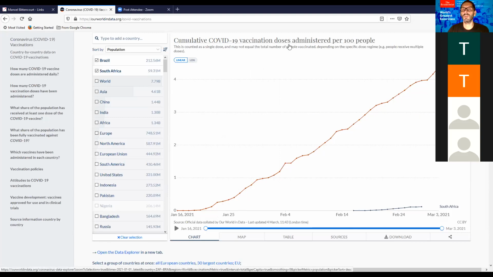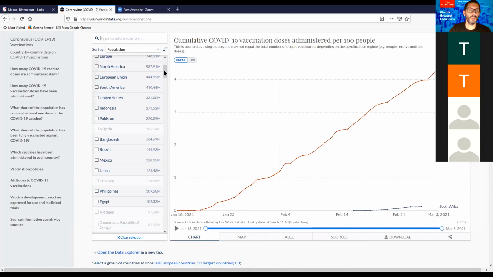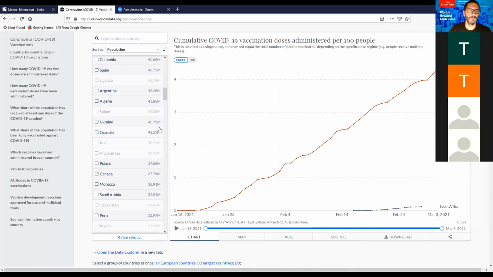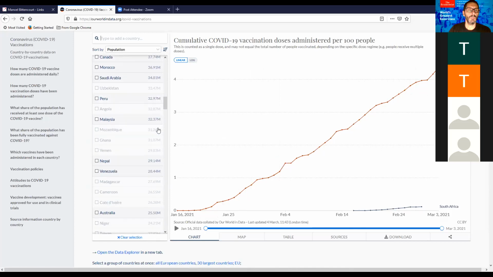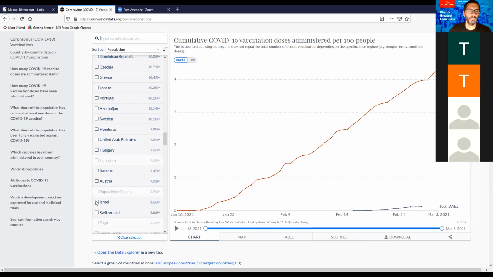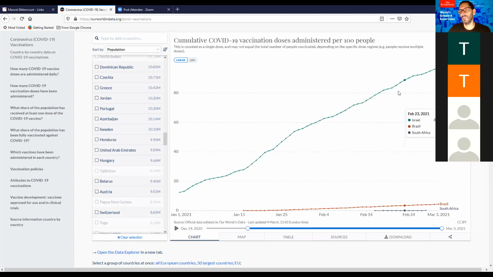Which is cumulative COVID-19 vaccination doses administered per 100 people. We can see the difference. And Brazil is not doing very well, folks, at all. We can perhaps put a different country there. We can put Israel there, and you see that compared to Israel, Brazil is also down there, and South Africa is really pretty flat.